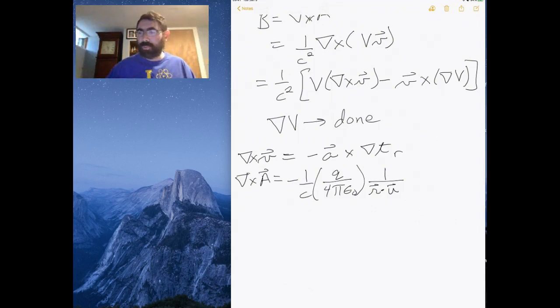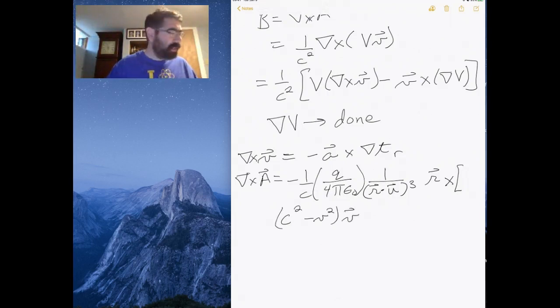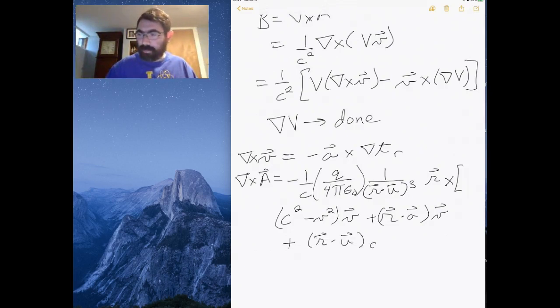So now I'm staying with the u variable. r cross product with (c squared minus v squared) times the velocity v, plus (r dot a) times the velocity v, plus (r dot u) times the velocity times the acceleration.